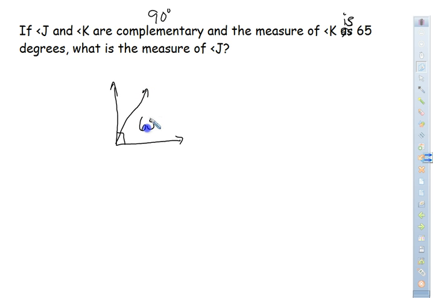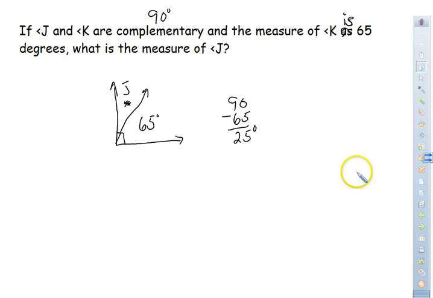We're trying to find that measure right there, which is not x, but the measure of J. Again, it's a matter of taking 90, subtracting 65, and you end up getting your 25 degrees.